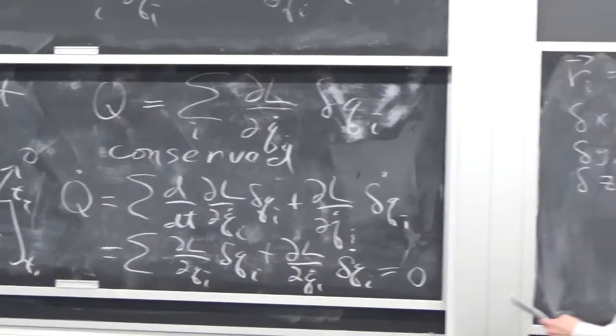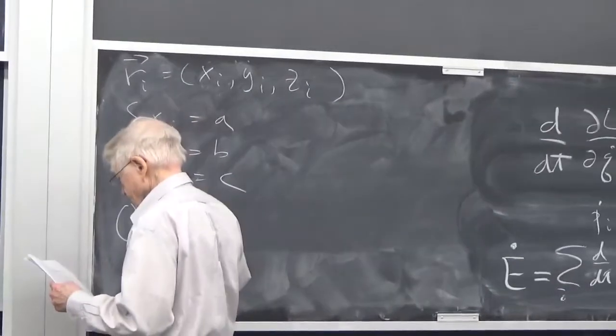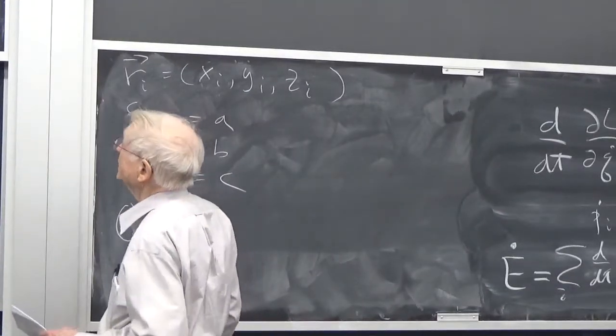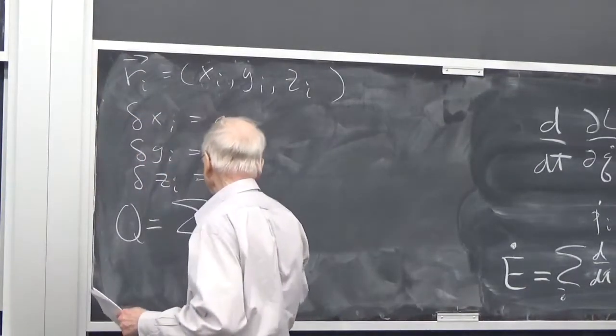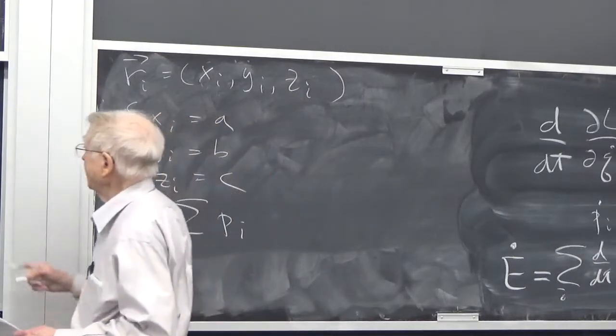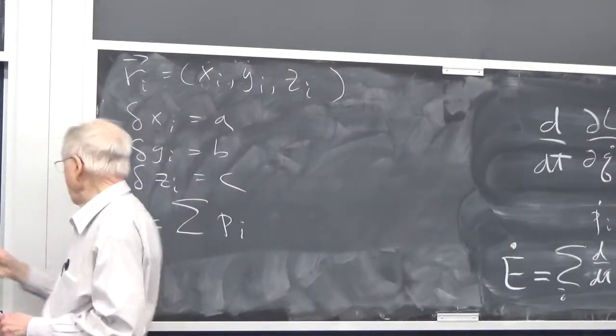In that case, what is Q? Well, Q would be the partial of L with respect to Qi dot. Those are the momenta. And now what's the change in the Qi's?